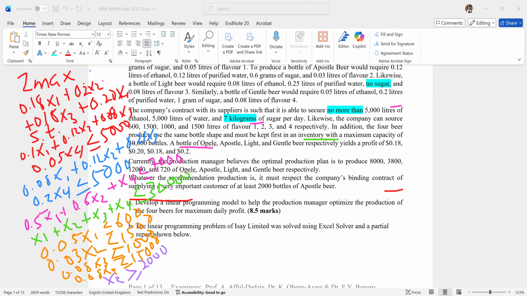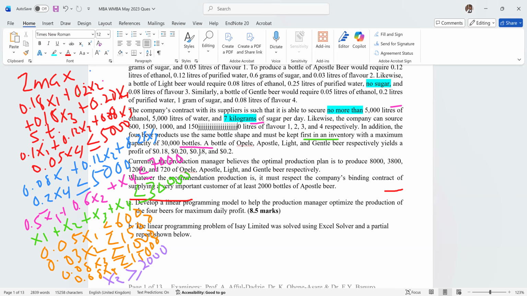So that is the last constraint, and of course, your non-negativity constraint. But there's something about the non-negativity constraint you got to do. Who can tell me? If you look at all these, what are we discussing? I think it should be an integer.